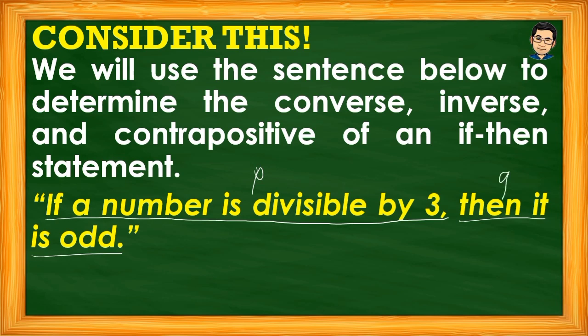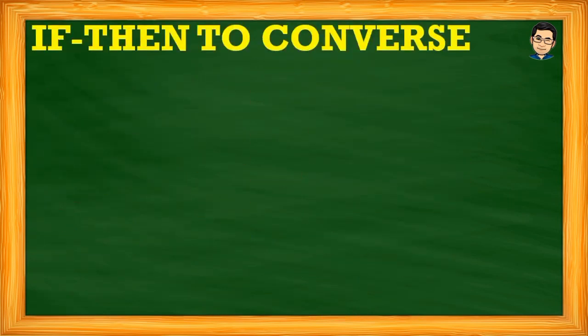So, kung isusulat natin yung implication, P implies Q. Again, yung P po dyan is yung hypothesis. And then Q, yun namang conclusion. So, how do we transform an if-then statement to a converse statement?